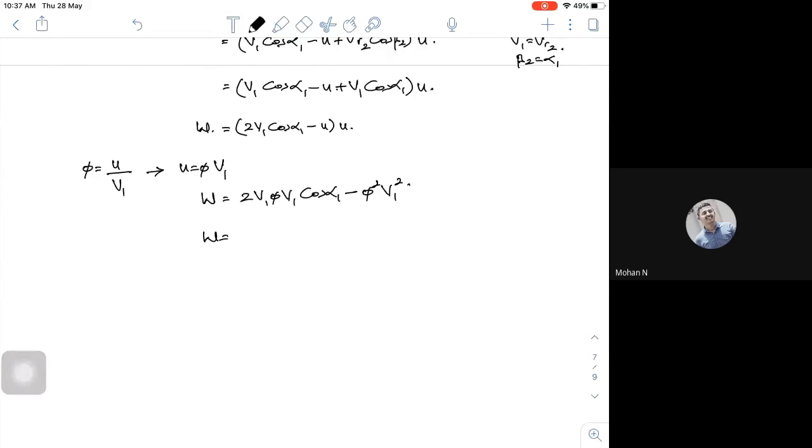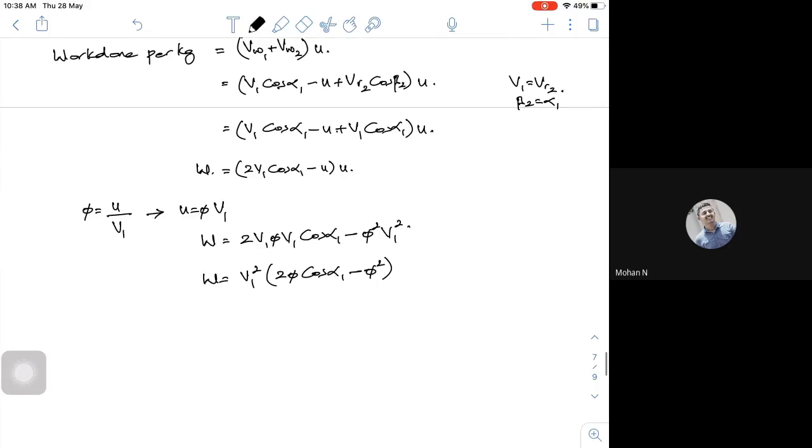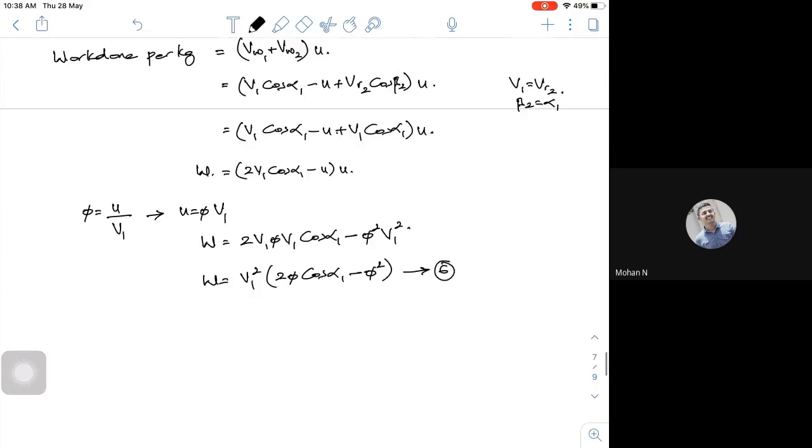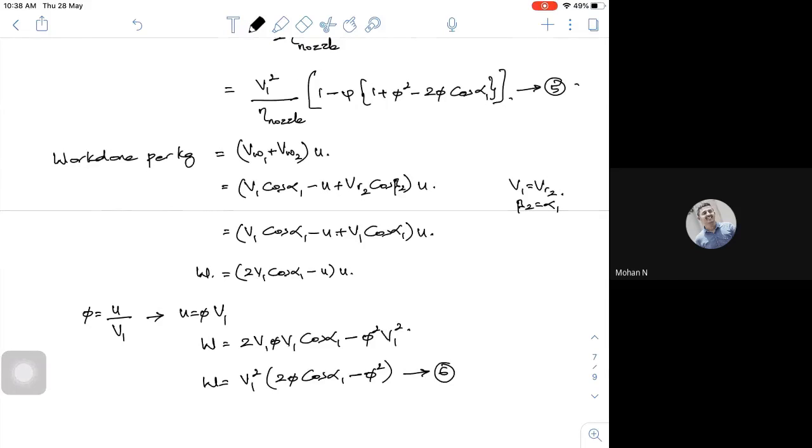This will be V1 square into 2 phi cos alpha 1 minus phi square. Let me call that expression number 6. So I have two expressions: one for the isentropic heat drop per stage, and then the work done.